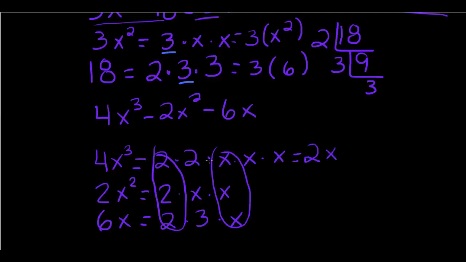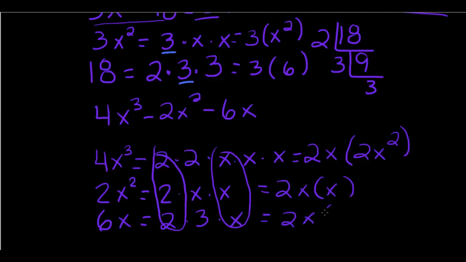When I factor the 2x out of 4x cubed, I will have 2x to the power of 2 left. When I factor out the 2x from 2x squared, I'm going to have an x left. And when I factor out the 2x out of 6x, I will have a 3 left.